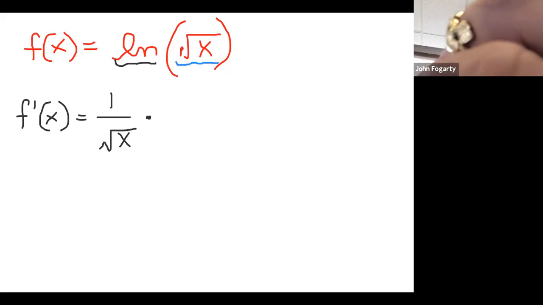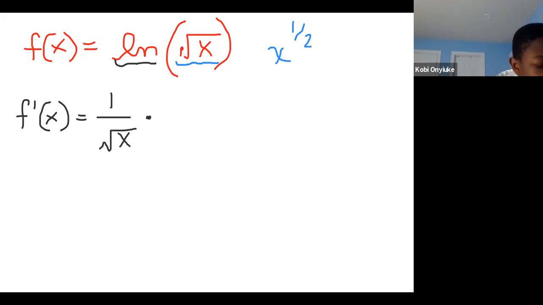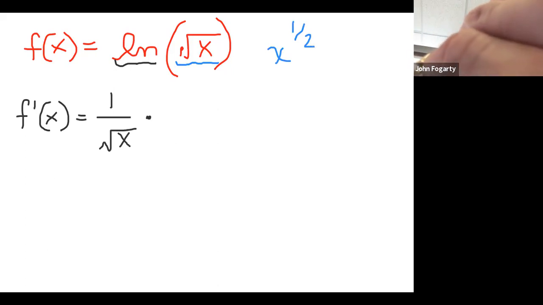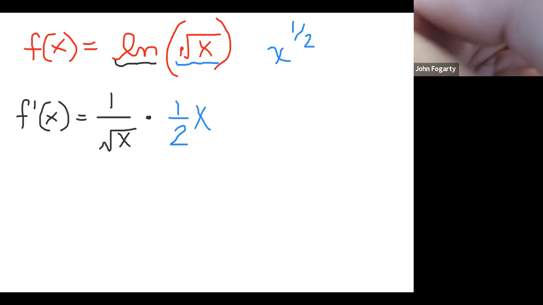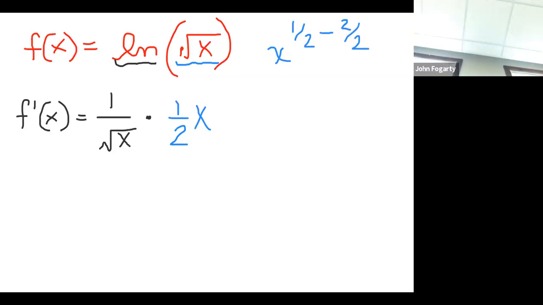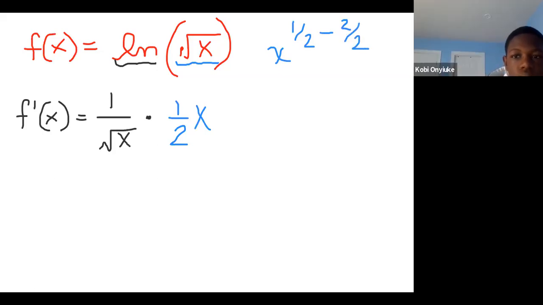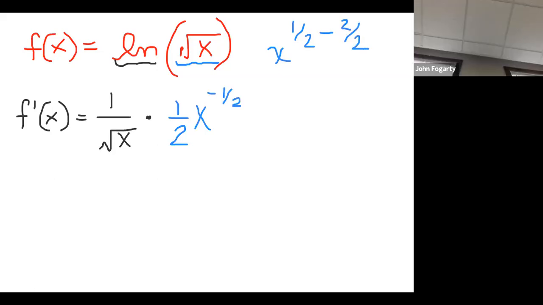Well, what do we know the square root of x is the same as? X to the half, right? So move the half to the front, and that becomes x to the what? What's 1/2 minus 1? Negative 1/2. All righty. Now let's see what we can do with this one.